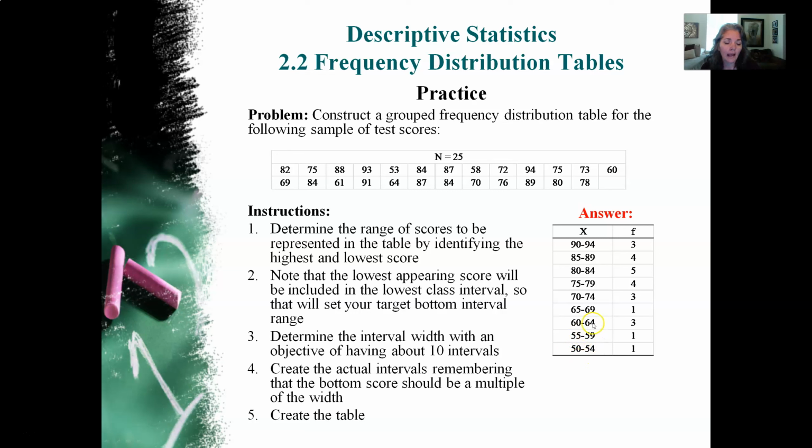Same here. 60 to 64, notice that they're all 5 points, they all cover 5 points: 50, 1, 2, 3, 4. 55, 6, 7, 8, 9, they all cover 5 data points. I don't have any more than 10.